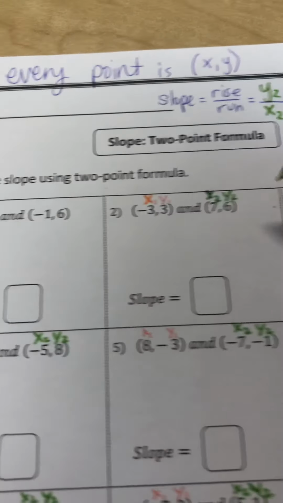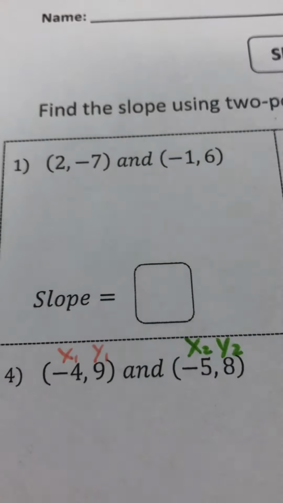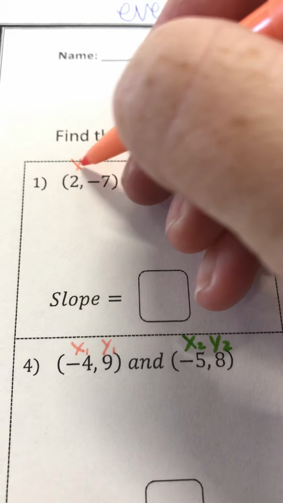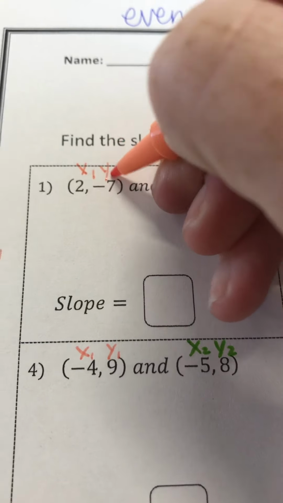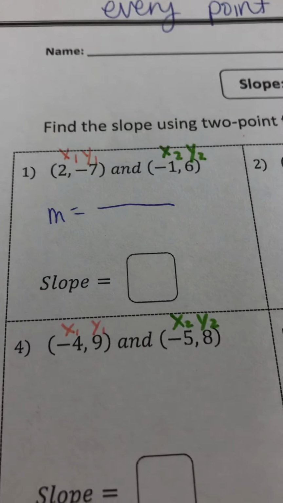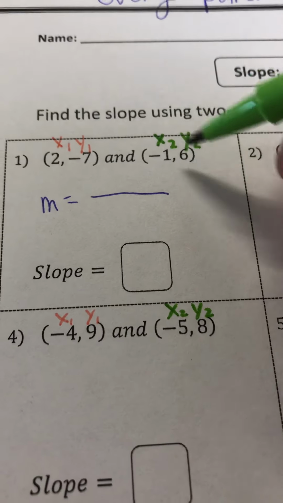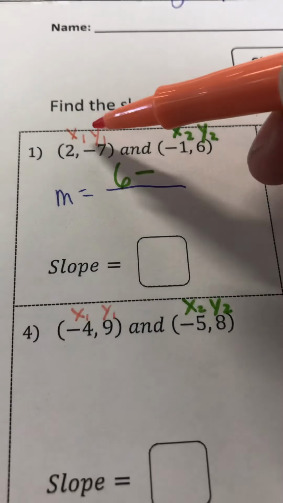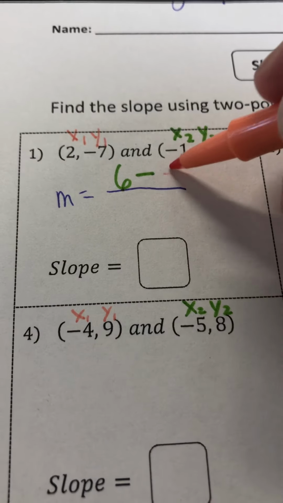You can see I already have some set up. But let's talk about this first one. I'm going to be labeling these as x1, y1 because that's the first point I see, and then x2, y2 because that's the second point I see. So my slope is going to be whatever the y2 is. So in this case you can see we have y2 is 6 minus my y1, which is negative 7.